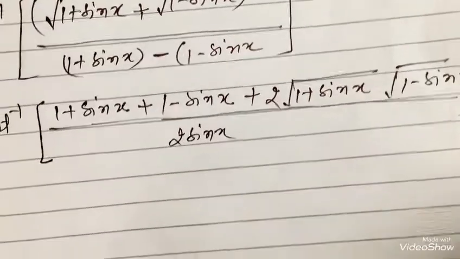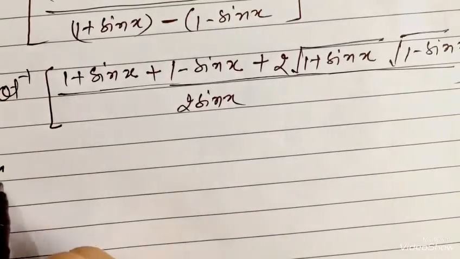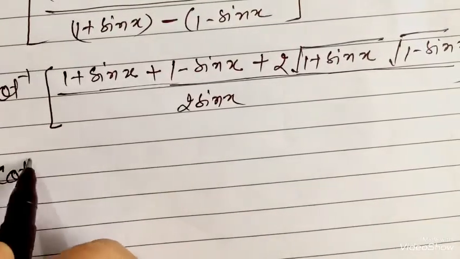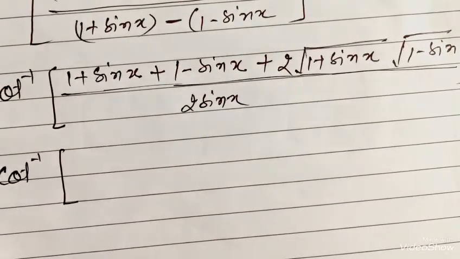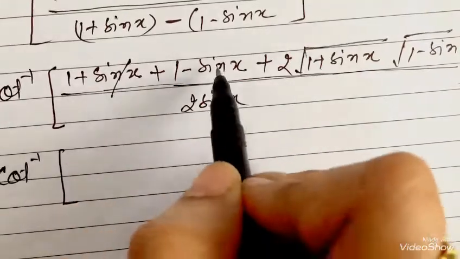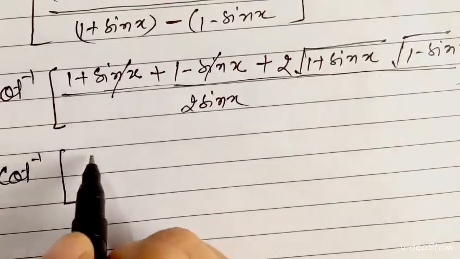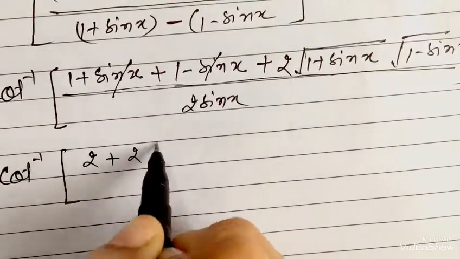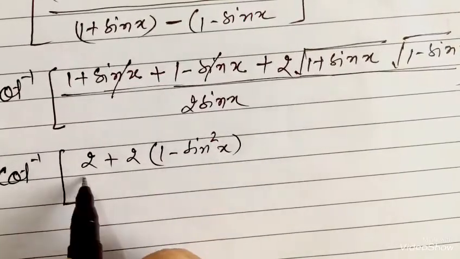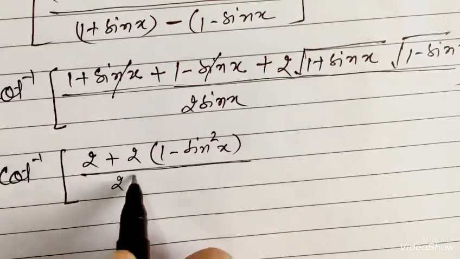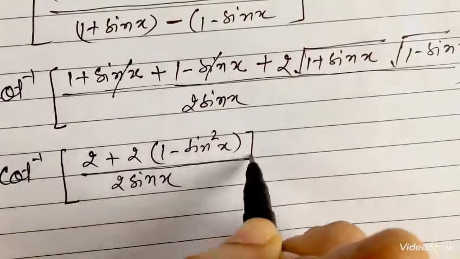Okay students, in the next step, cot inverse. The sin x will cancel, 2 and here it's 2 under root 1 minus sin square x, and here it is 2 sin x.